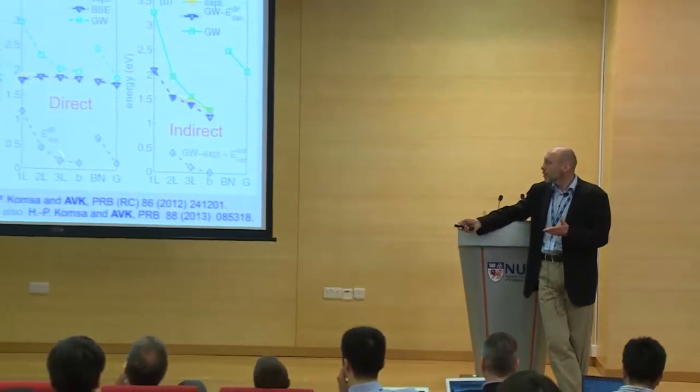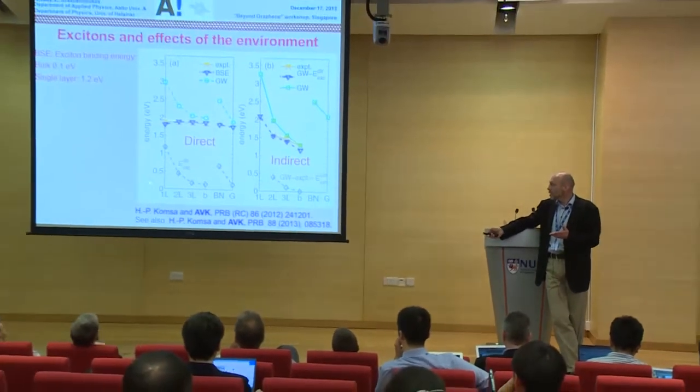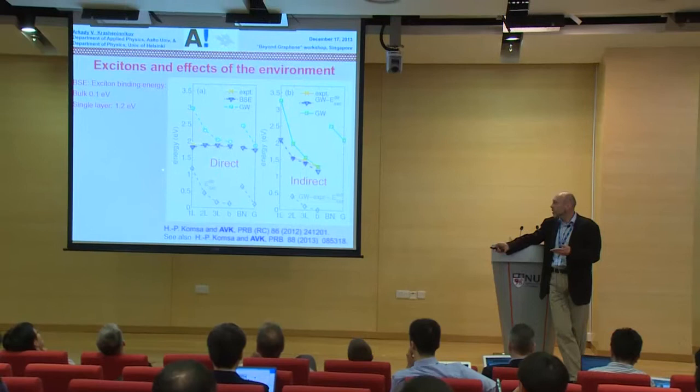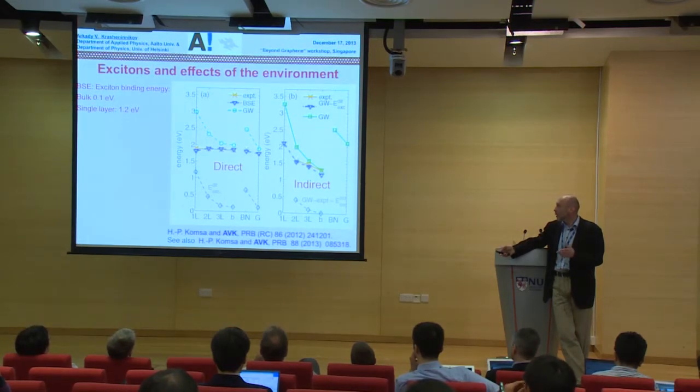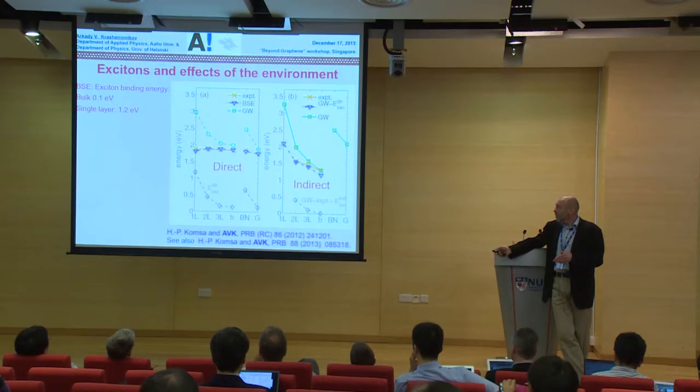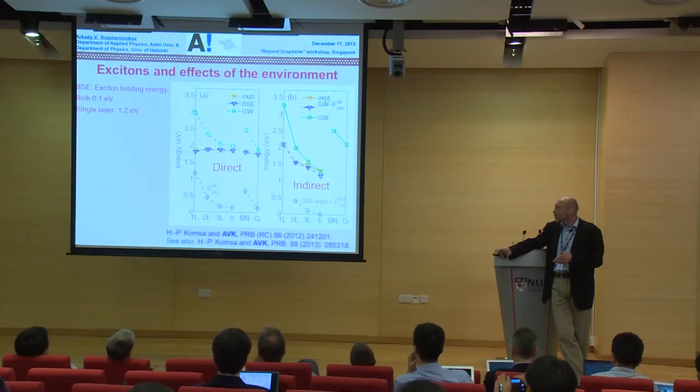Okay, so now if we look at how the gap depends on the environment, or the number of layers, with account for excitonic effects, excitonic binding energy increases from 0.1 to about 1 eV. We have very nice agreement between experiment, these yellow points, and calculated dots.